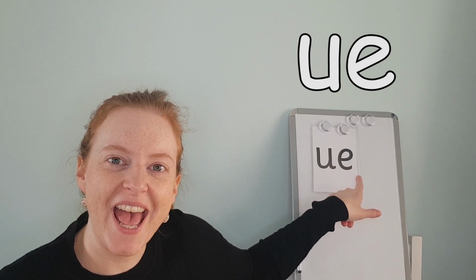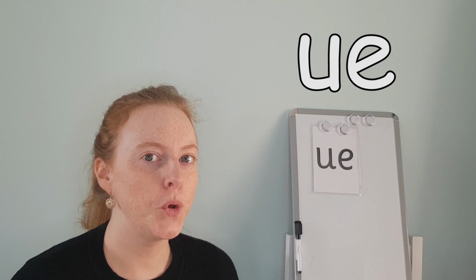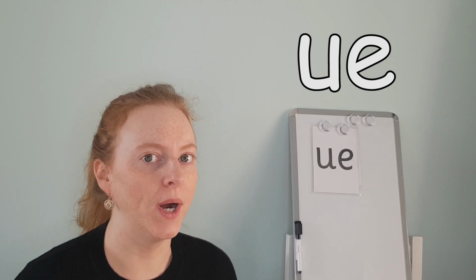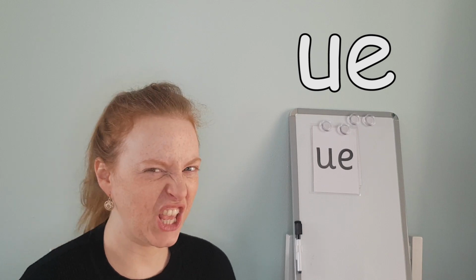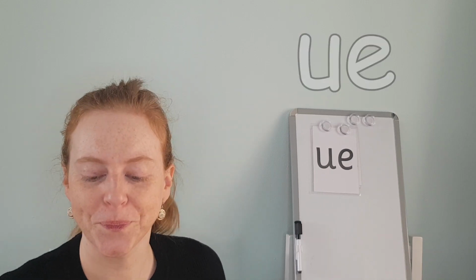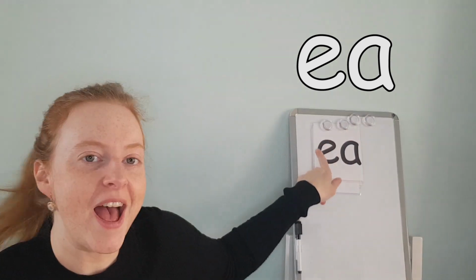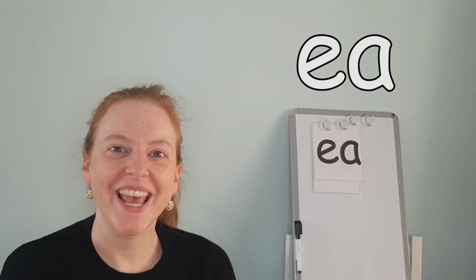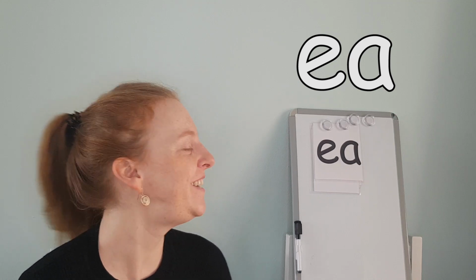O and E is ew, like blue and Q. Ew. So it's like going ew, blue, Q. Okay? E and A is e, as in tea and treat.